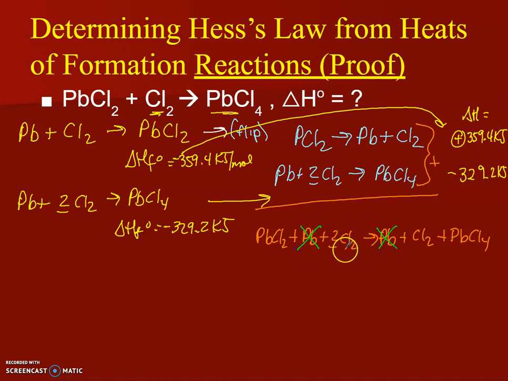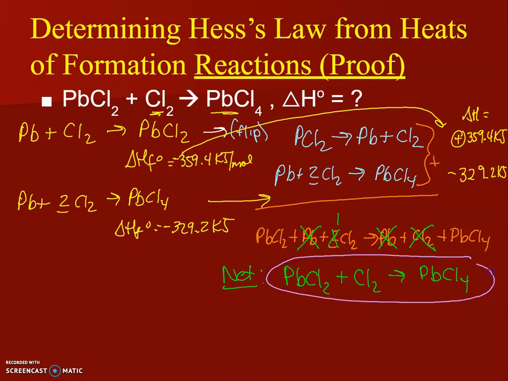I have two Cl2s on the left and a Cl2 on the right, so I'm going to cancel out this one, and this one becomes 1. So my net equation is PbCl2 plus Cl2 yields PbCl4. Did I get the same reaction? Does this reaction match this reaction?